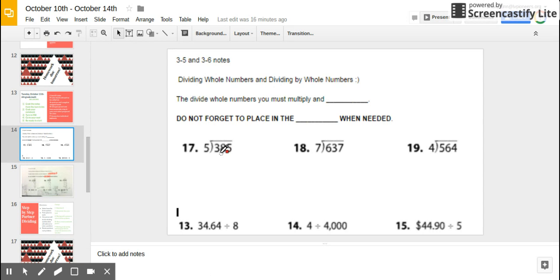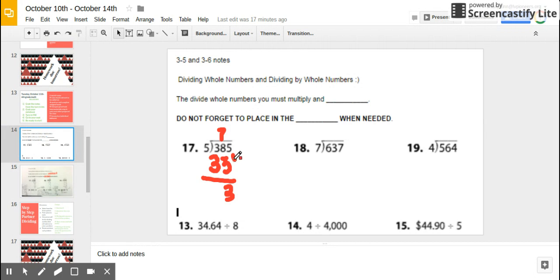5 does not go into 3, but 5 does go into 38. Not evenly, but 5 times 7 would give you 35. And then after you do that, you have to subtract. So now you're looking at 38 minus 35. That gives you 3.